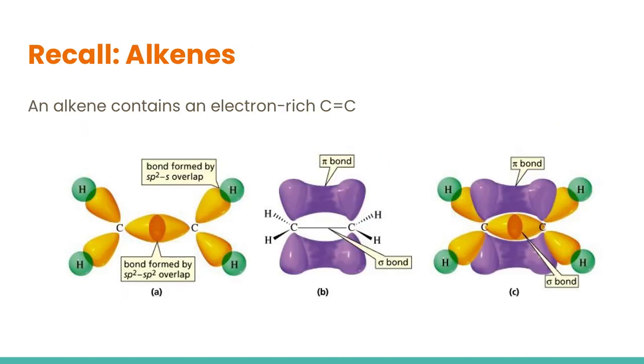Now, if you recall, alkenes contain a carbon-carbon double bond that is electron rich. And so it's electron rich because of this pi bond here. And so the high density of electrons in that double bond means that that bond itself is more susceptible to electrophilic attack. So how does this happen?